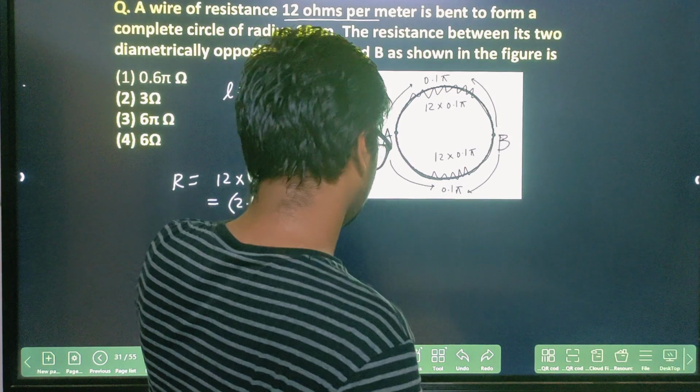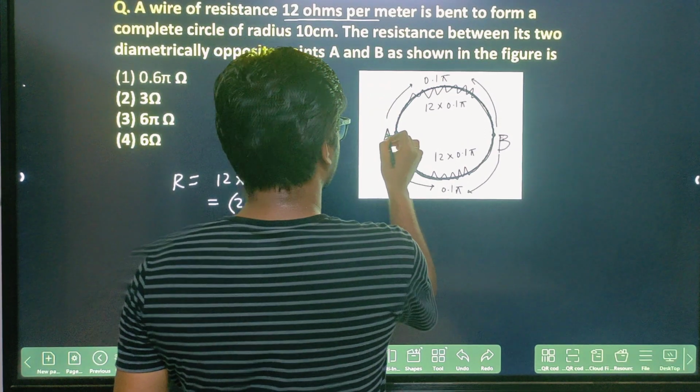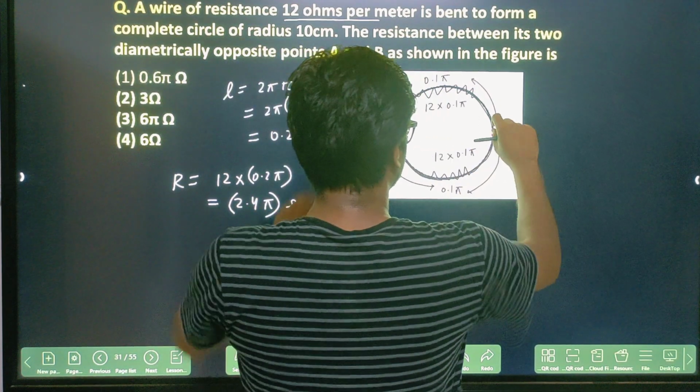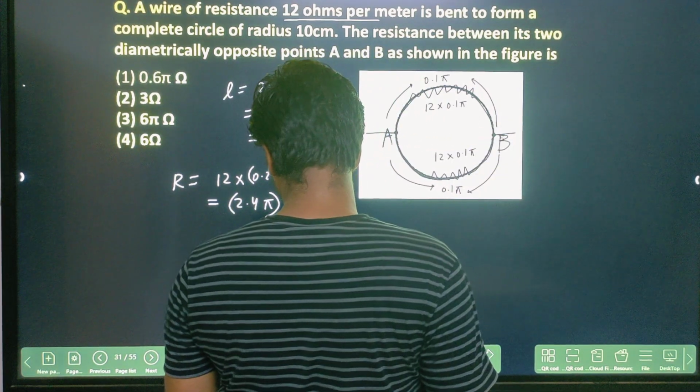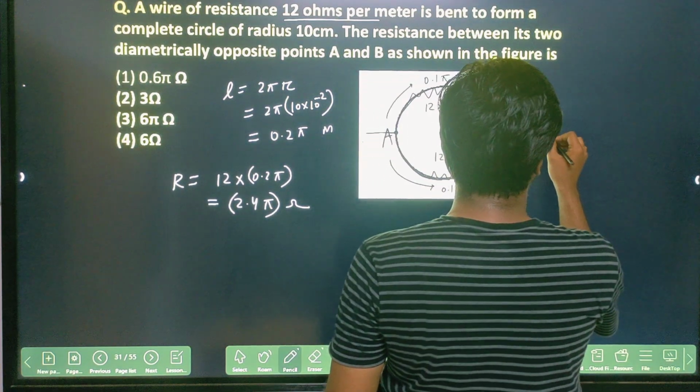Clear? So now you can draw this. This is your point A, and between this point and point B you have to find the resistance value.